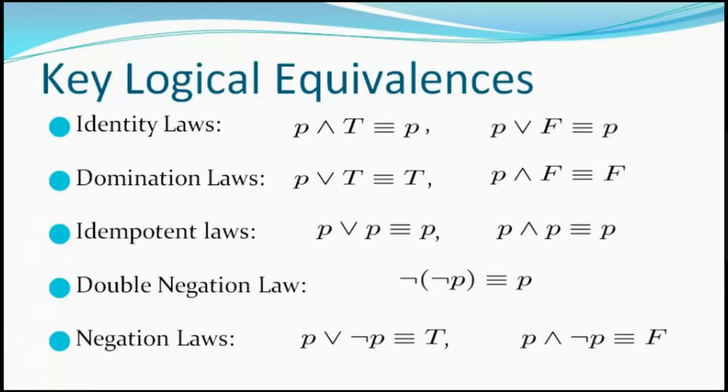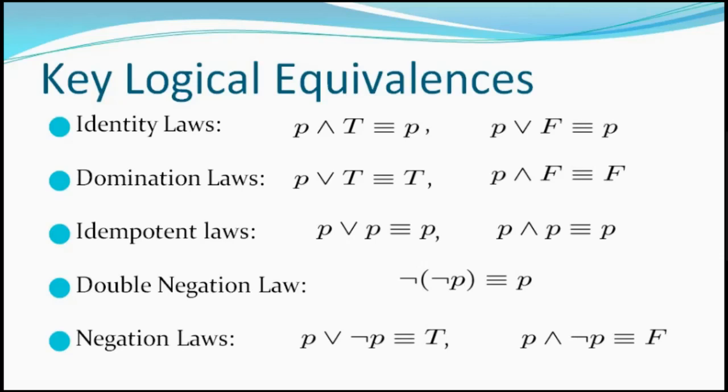That means P with an OR operation with any true value is always true. P and F is equal to F, which is logically equivalent. P or P is equal to P, and P and P is also equal to P. These are the various logical equivalence rules that you need to remember.